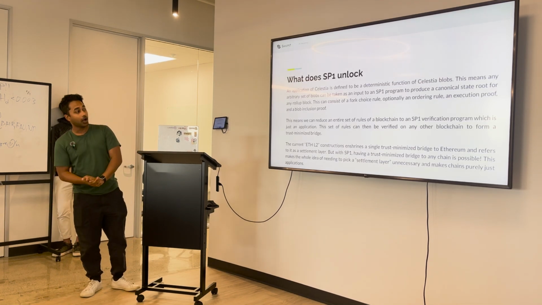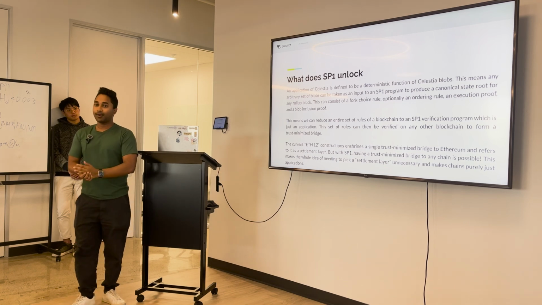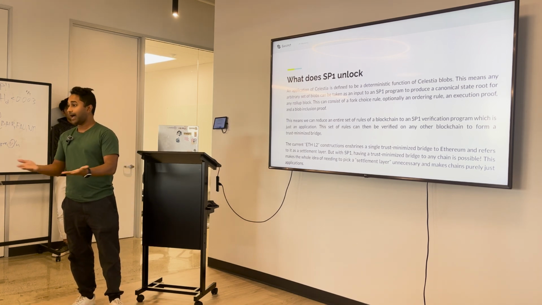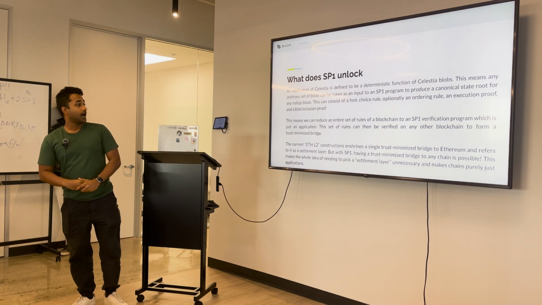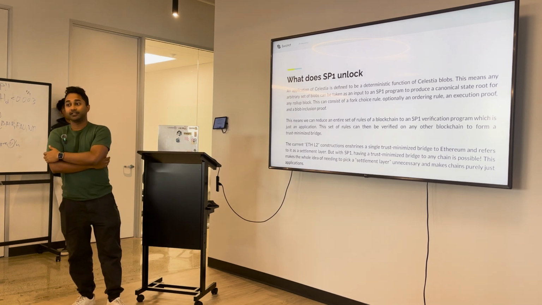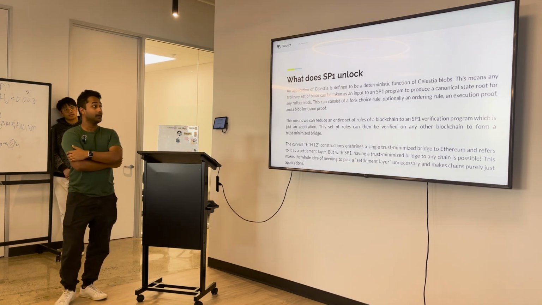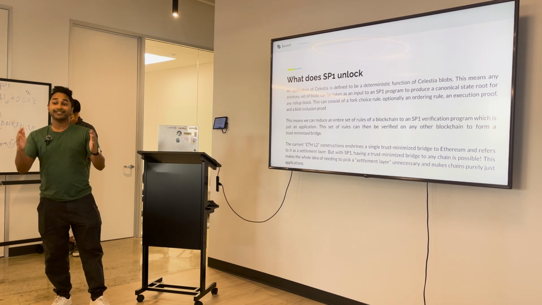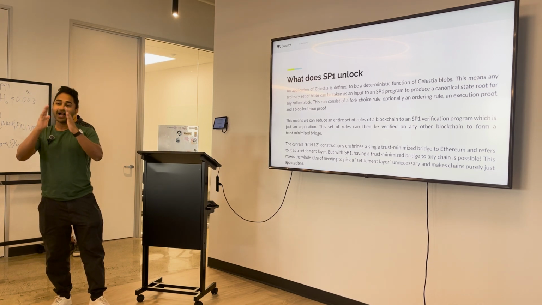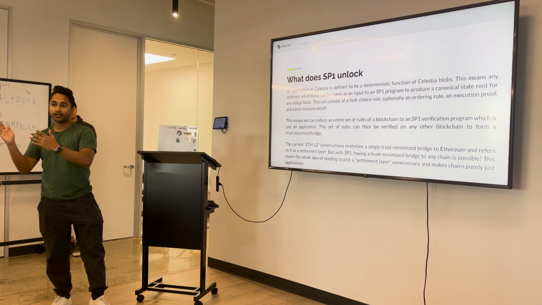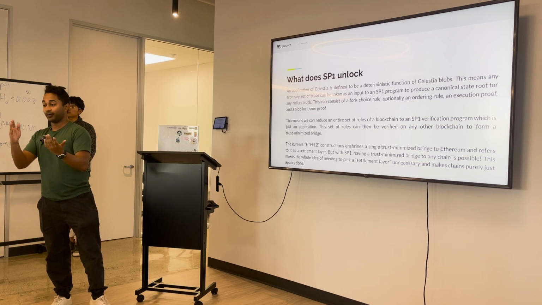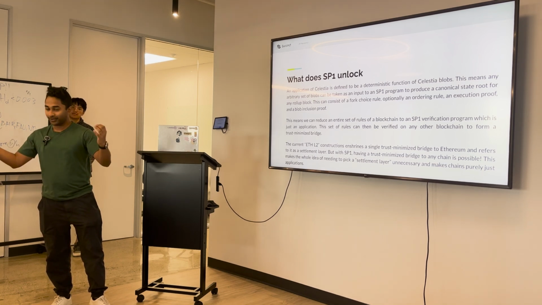What does SP1 unlock? SP1 converts chains to just apps. It's a succinct way to put it. An application is just a deterministic function of Celestia blobs, right? So for an arbitrary set of blobs, you can define how you go from them to a canonical state root. You could do all kinds of things, like proofs of proofs, or web proofs, to construct blobs together.